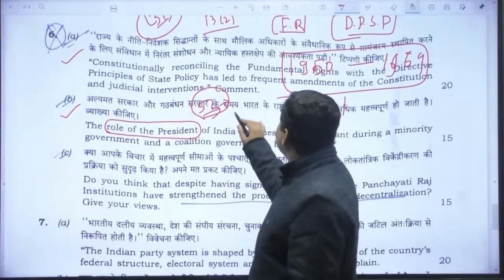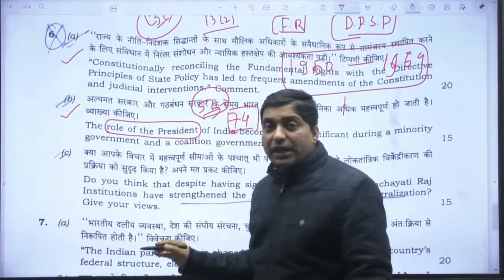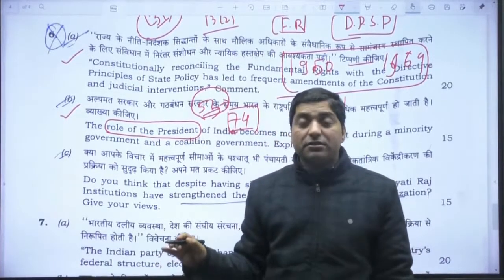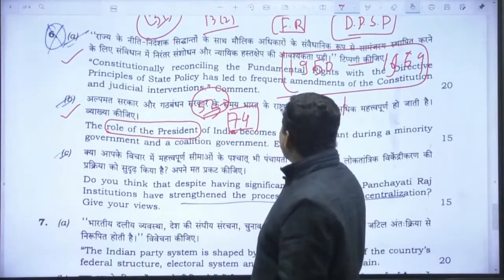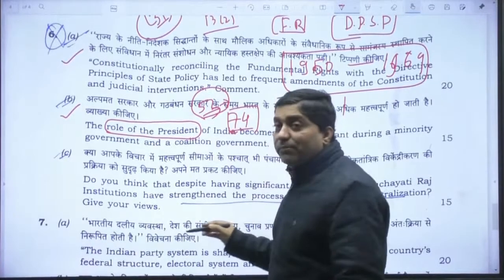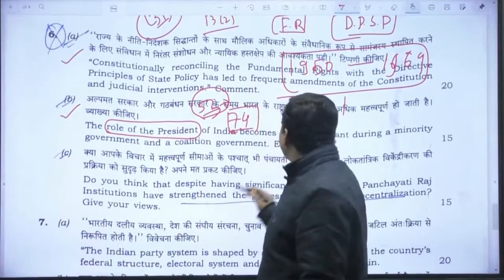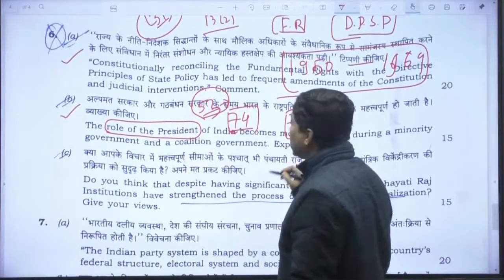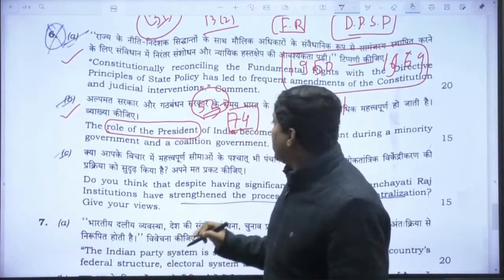But Article 74 says there shall be a Council of Ministers headed by the Prime Minister to aid and advise the President, right? And then Article 75 says the Prime Minister shall be appointed by the President, right? And 75 clause 3 says that the Council of Ministers shall be collectively responsible to the Lok Sabha.